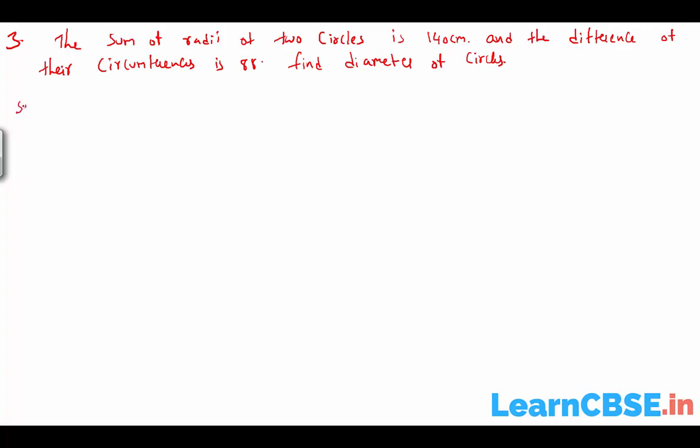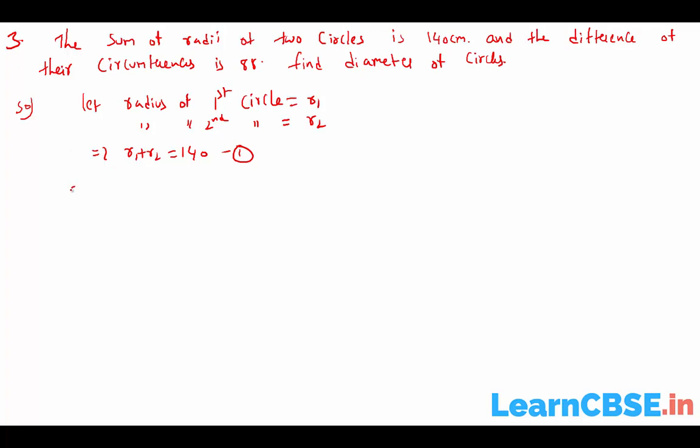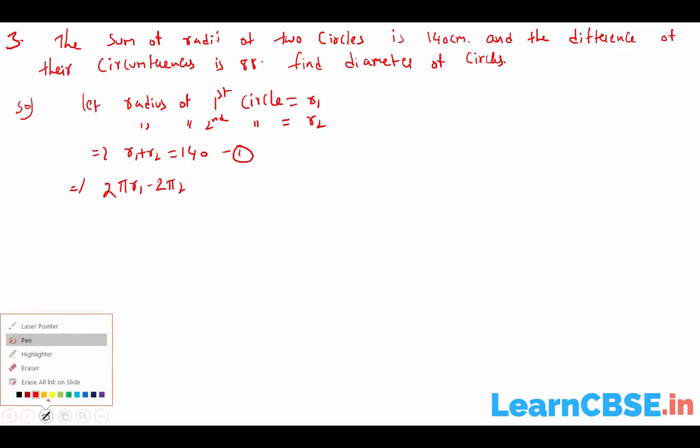Now solution. Let radius of first circle equals to r1, radius of second circle equals to r2. Given that sum, that means r1 plus r2 equals to 140. Let it be equation 1. Now difference of circumferences, 2 pi r1 minus 2 pi r2 equals to 88.